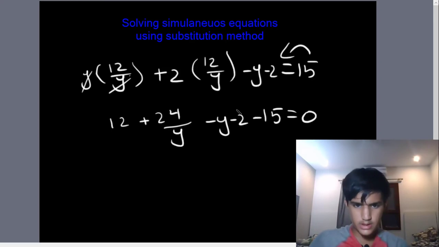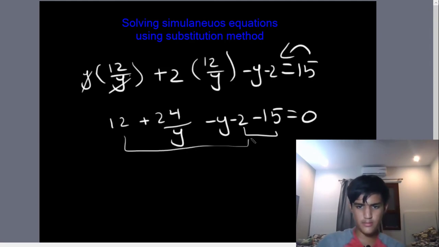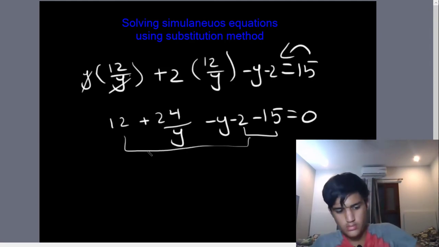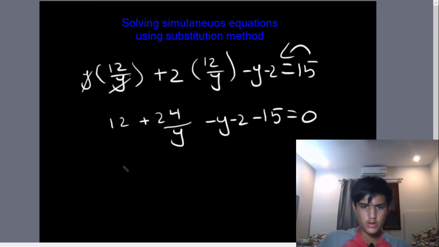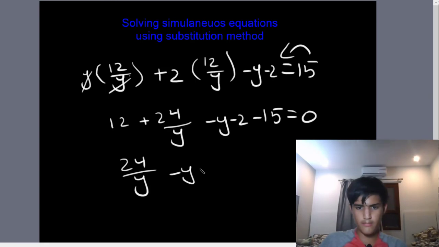So minus 2 minus 15 is minus 17, and then minus 17 plus 12 is minus 5. So 24 upon y minus y minus 5 is equal to 0.